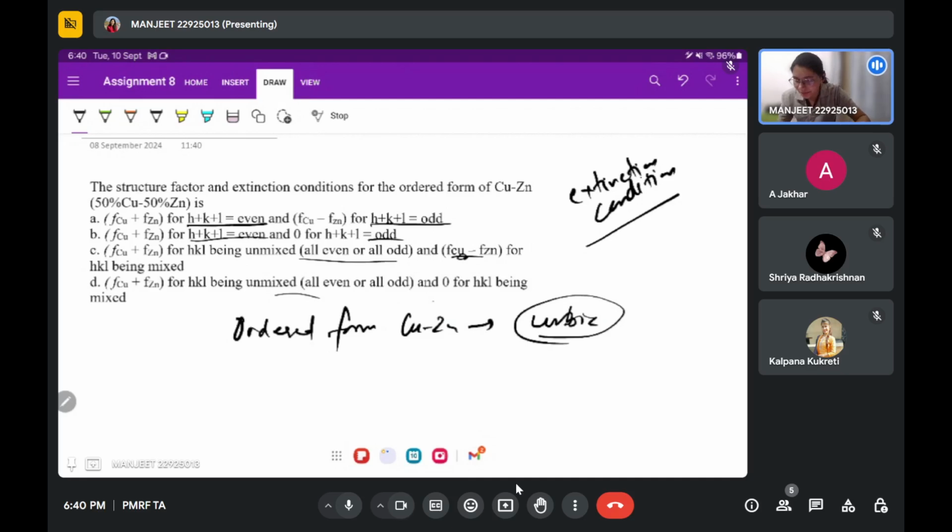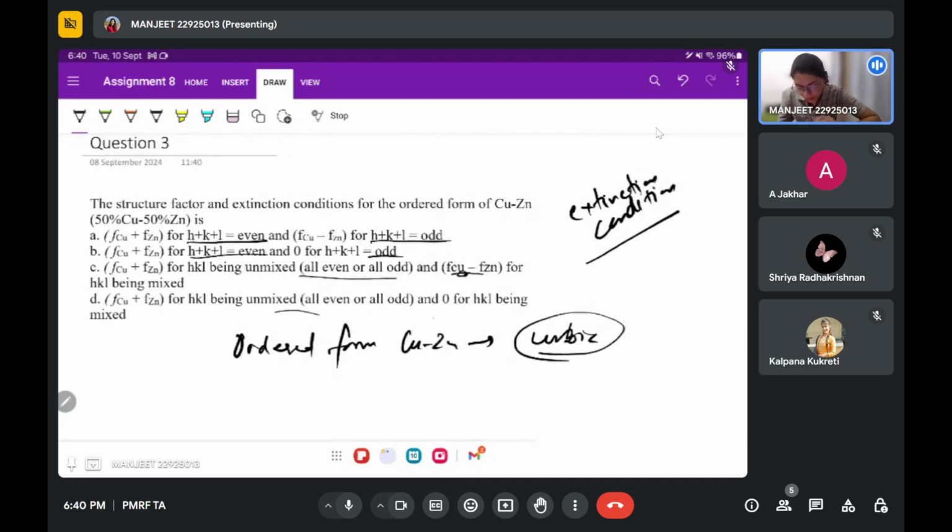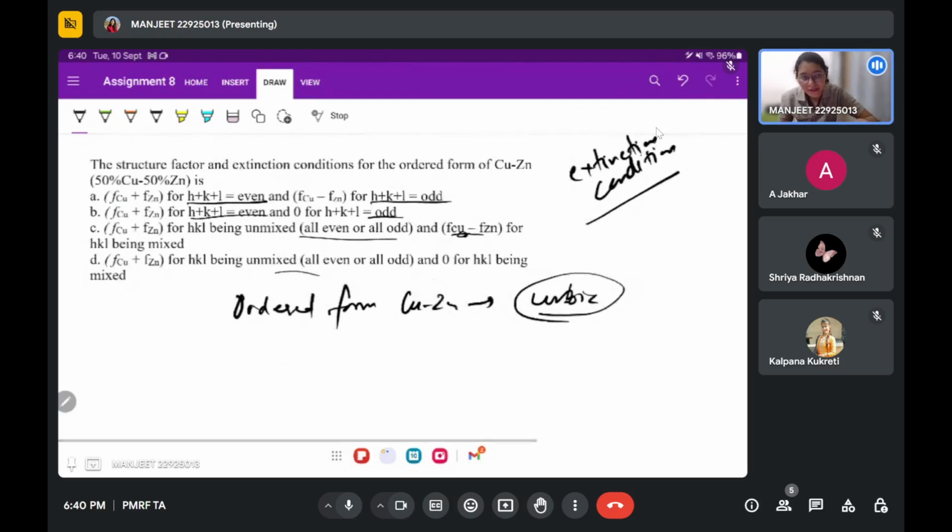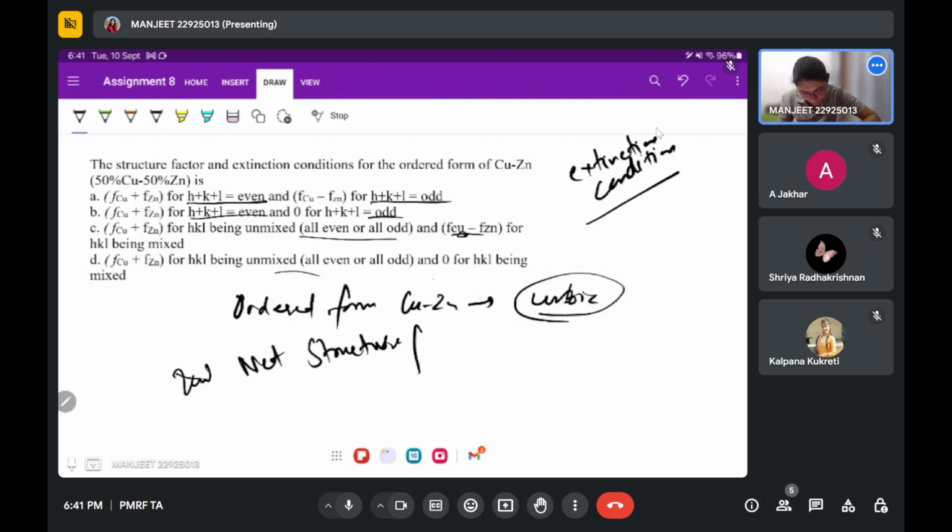So in the A part, how do we calculate the alloy one? For this you have to multiply, I mean the net structure factor will be F copper plus F zinc divided by 2, this is the net one.